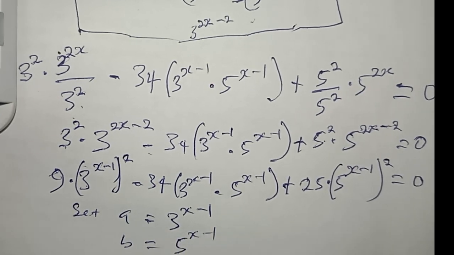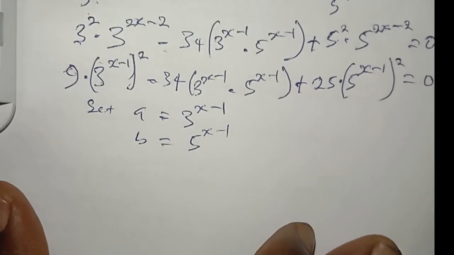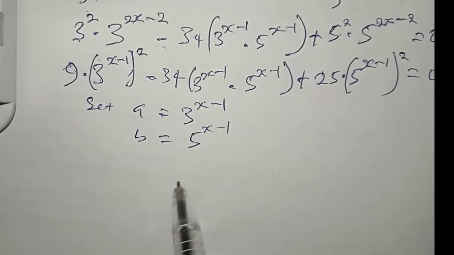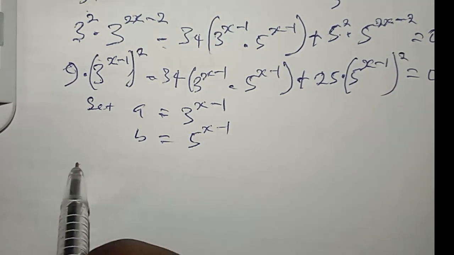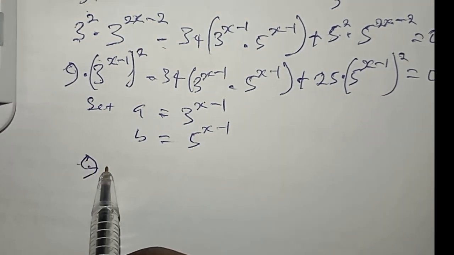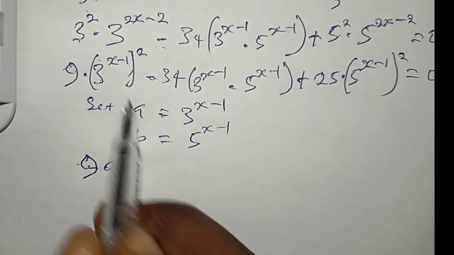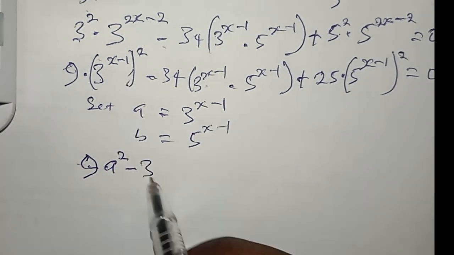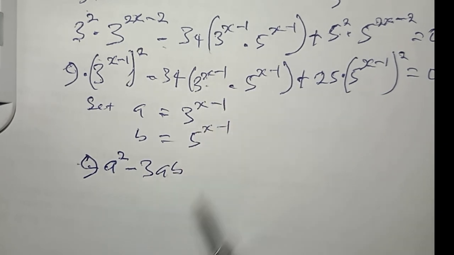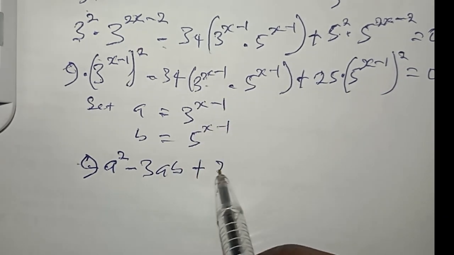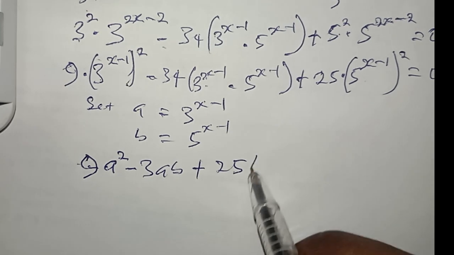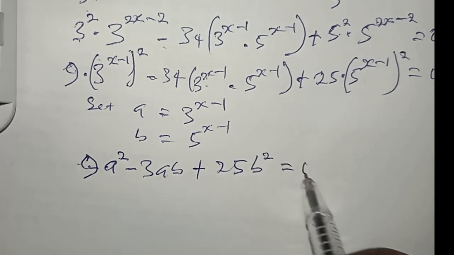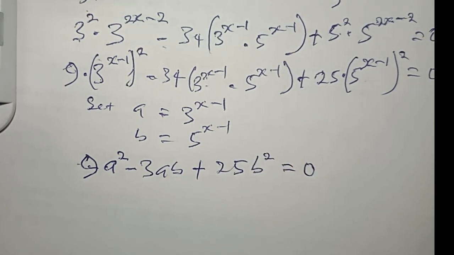So that being the case, what I'm going to be having here is 9 times a power 2, and then minus 34, this is a times b, and then plus 25, of course this is b squared, and it's equal to 0.